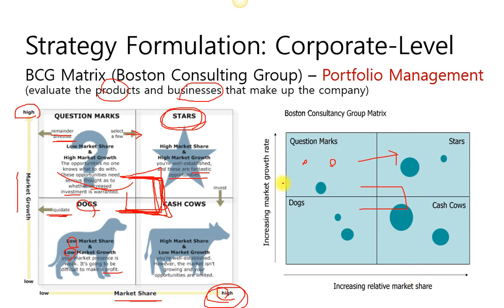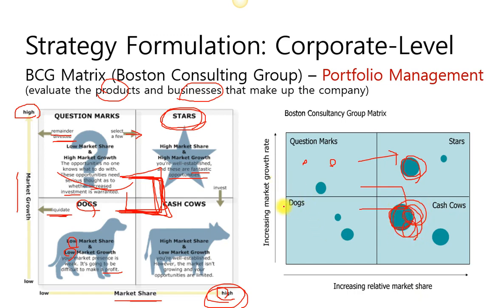Okay. So usually you invest in a market where it's growing, right? But you have a relatively small market share, but you invest, and it becomes a big star. After becoming a big star, your market growth can decrease. But you have a large share because you've invested a lot. It becomes a cash cow. It's making a lot of money.